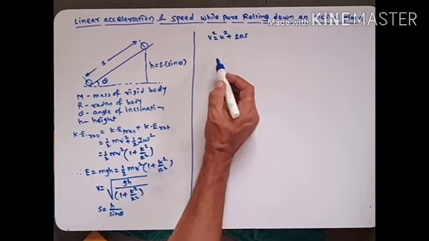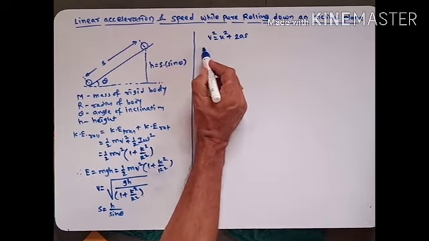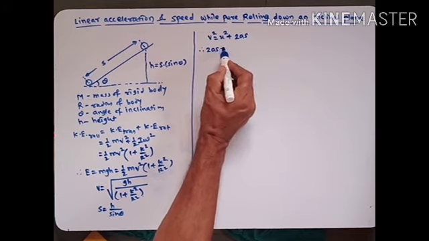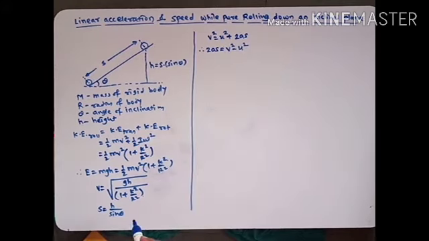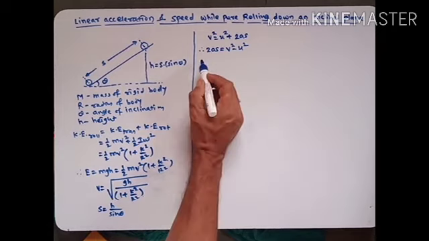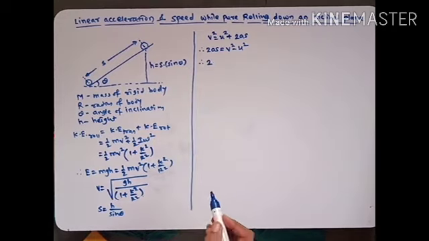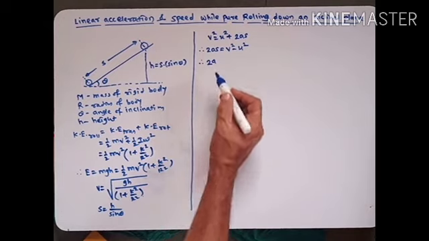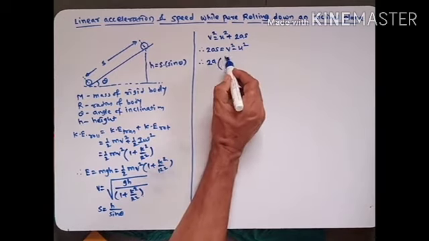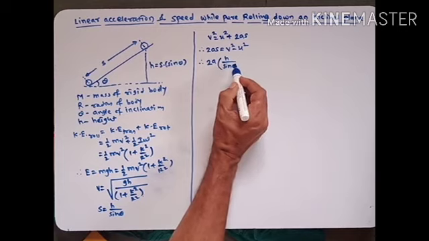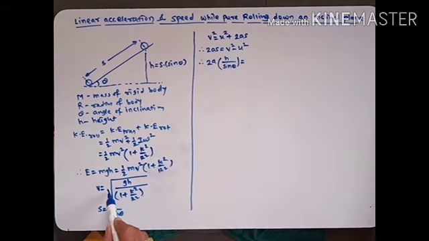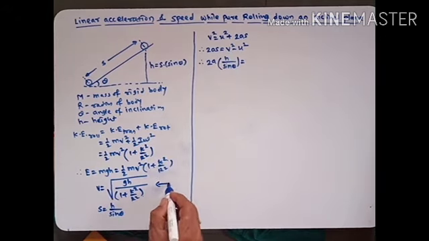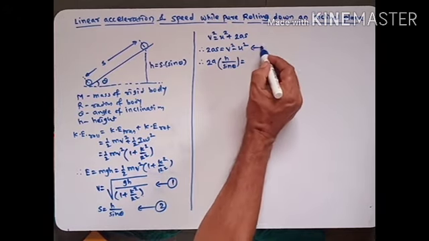Therefore twice as is equal to v square minus u square. Let us call these equation numbers 1, 2 and 3.